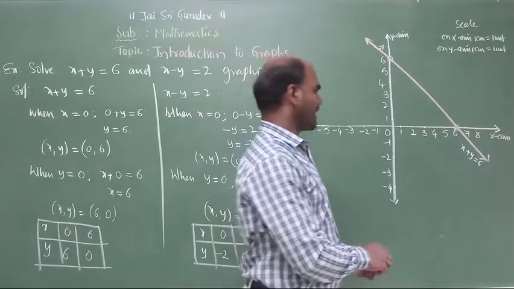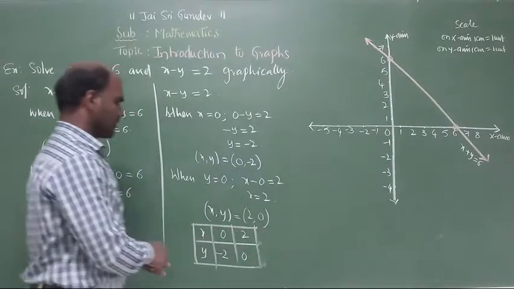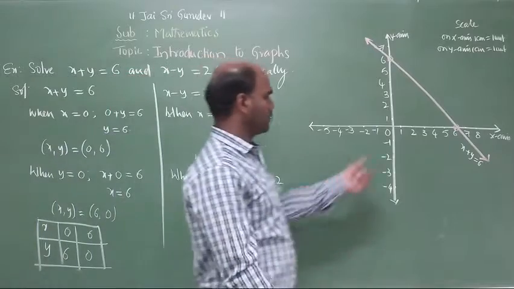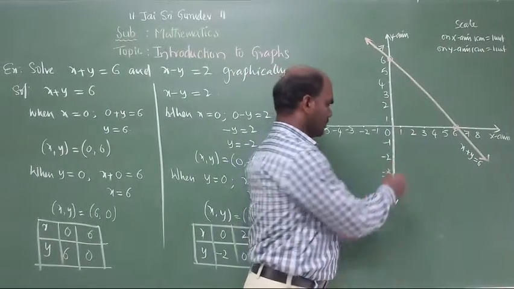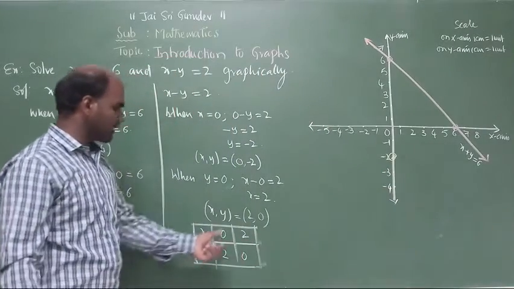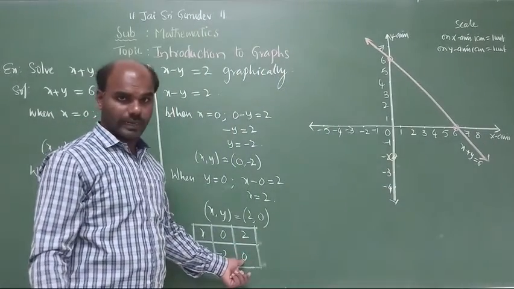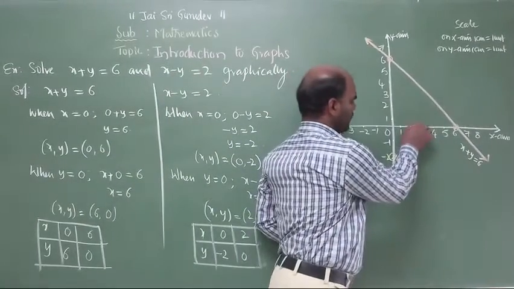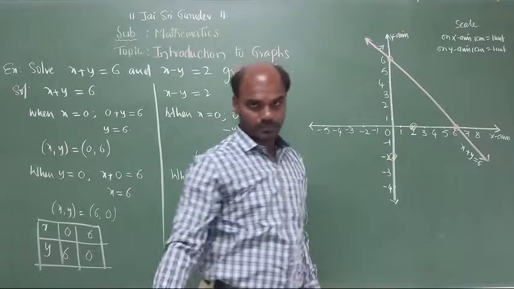As well as the second one, what is the second one, children? 0 comma minus 2 should be given here. Next, the second point is 2 comma 0. Yes, 2 is on the x axis and 0 on the y axis.